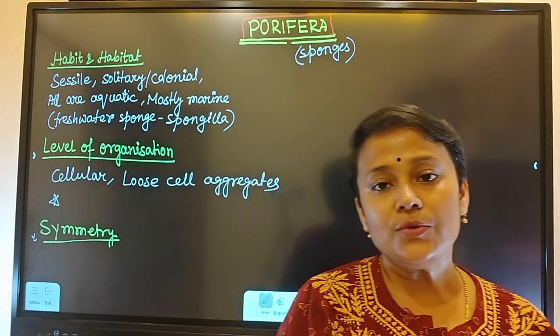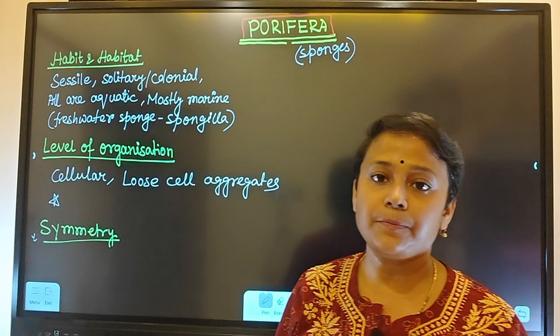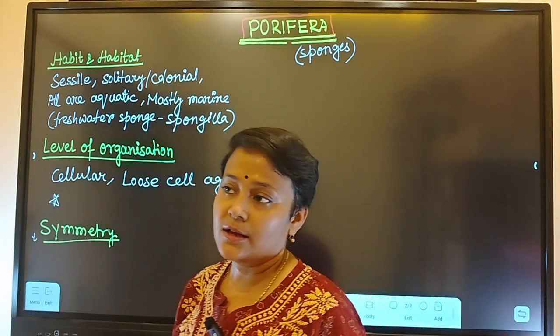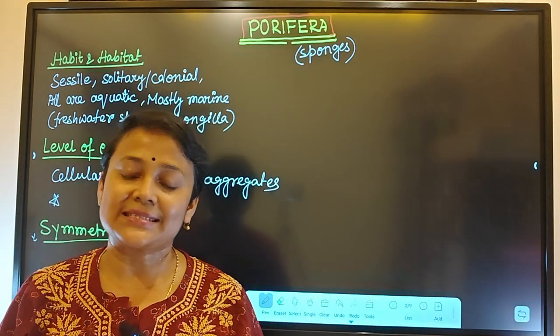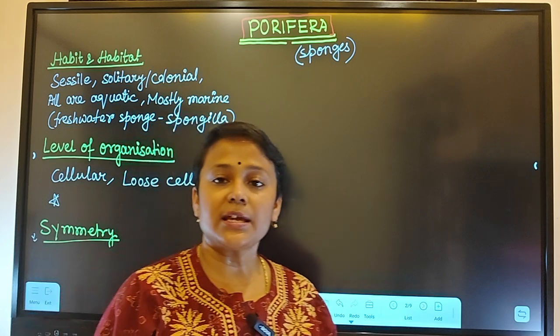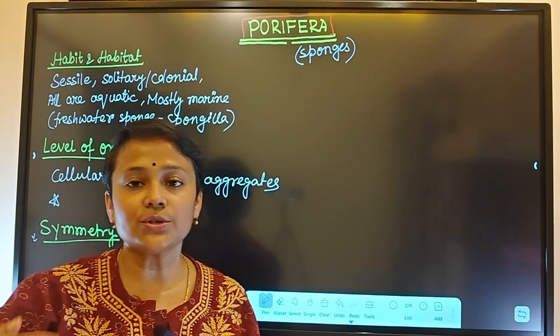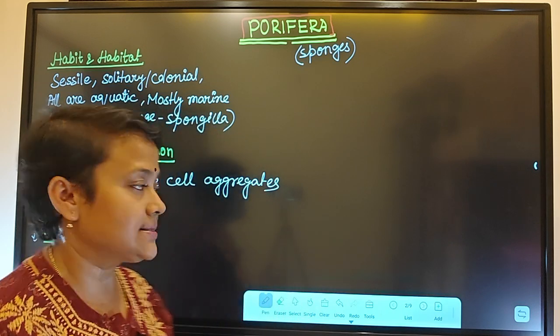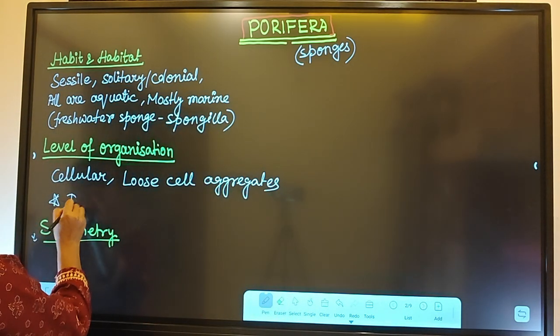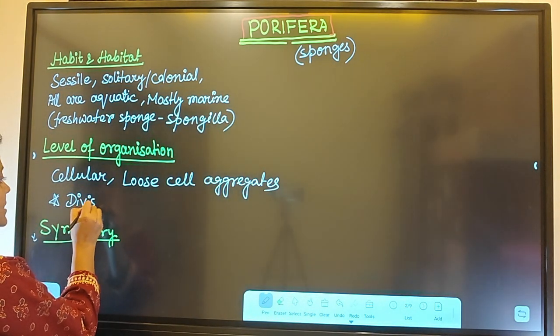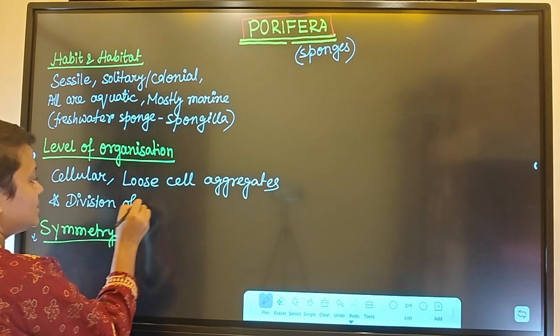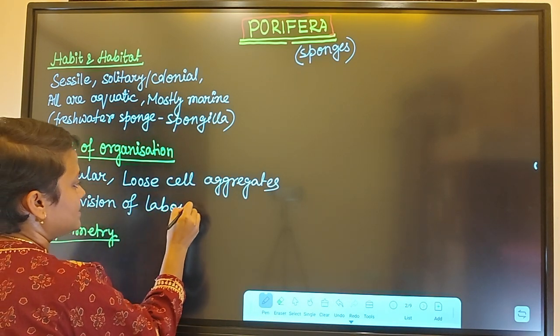Some groups of cells take part in digestion, respiration and excretion, and some take part in reproduction. So there is a particular division of labor among the cells. Here we can write, very important, division of labor present.